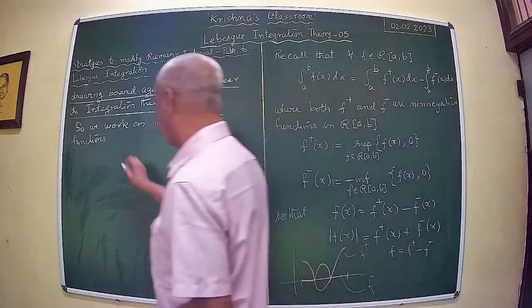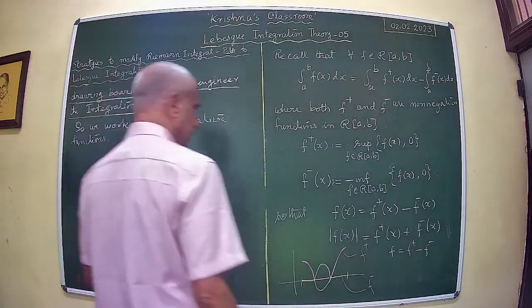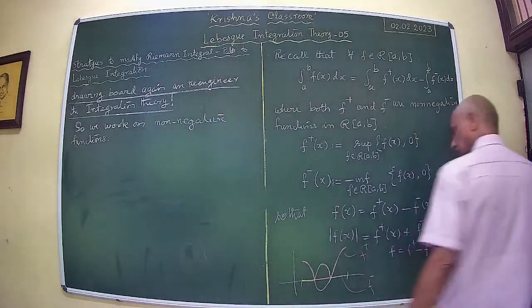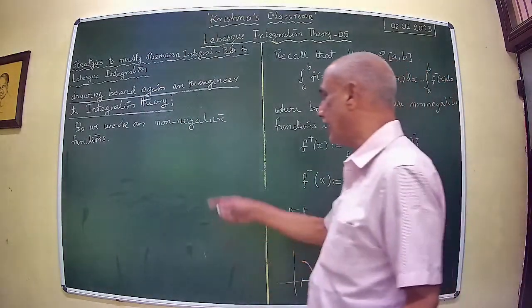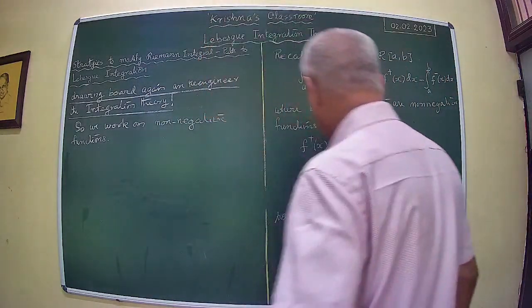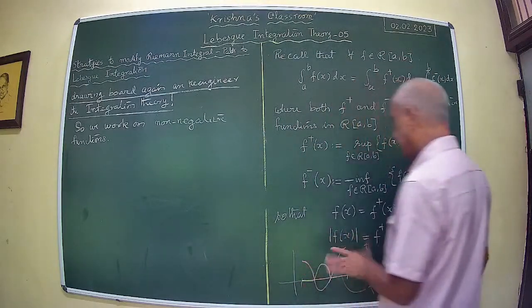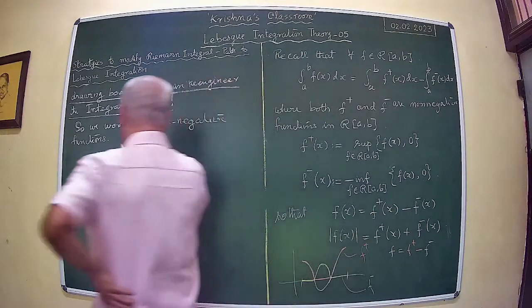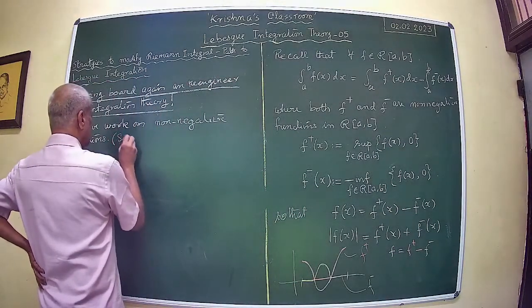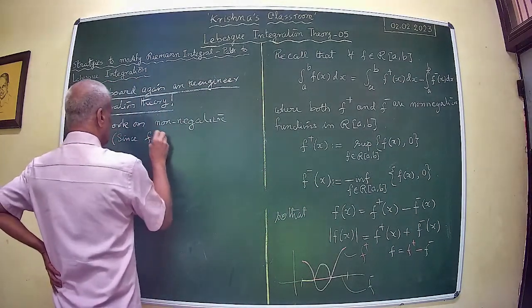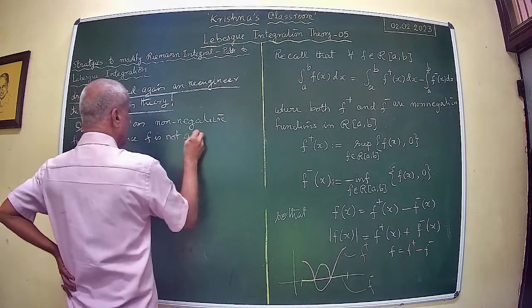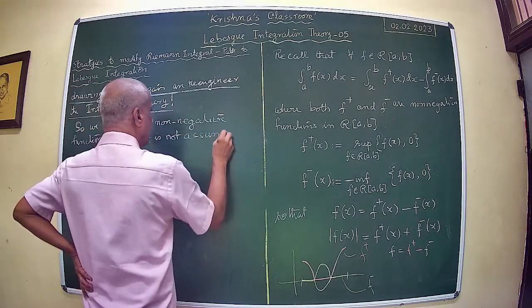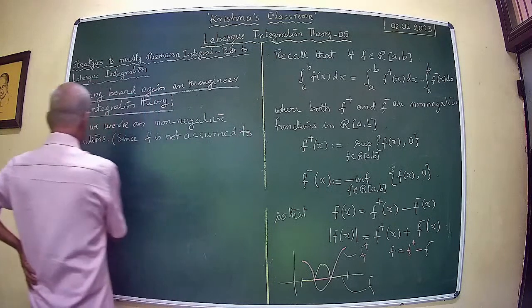I'll come back to this. What kind of problems you will encounter. Okay, we are not assuming anymore that our function f is bounded. Therefore, even f plus and f minus are not bounded. Not assumed to be bounded.